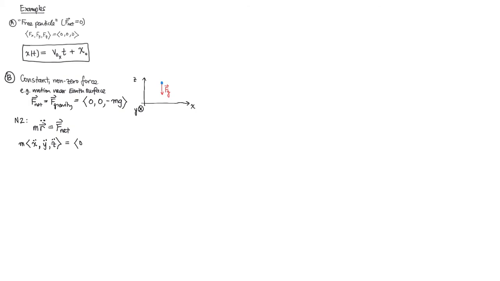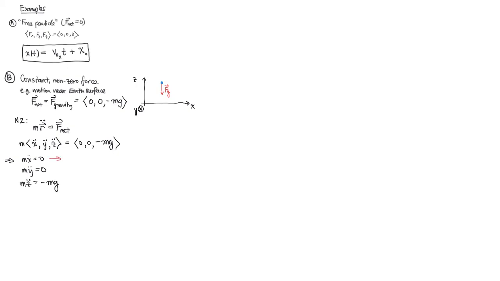Well, the net force has nothing for its x and y components, and it only has a non-zero z component. Okay, so out of this come three equations. m x double dot is 0, m y double dot is 0, and then m z double dot, this is the interesting one, is not 0.